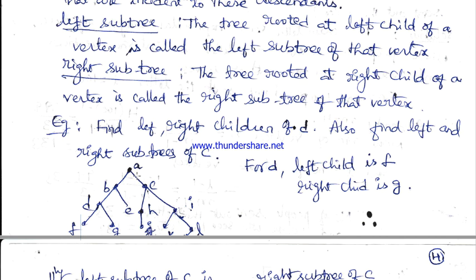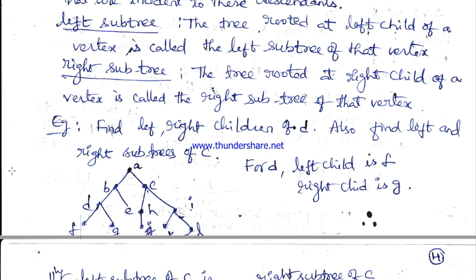Similarly, the right subtree corresponding to the same root vertex is, including the vertices with root at E, E, H, I, J, K, L. Similarly, corresponding to any vertex of this rooted tree, we can define a left subtree and also a right subtree.